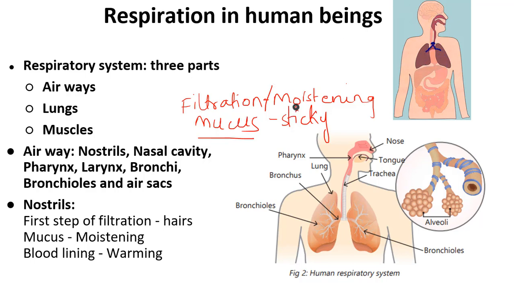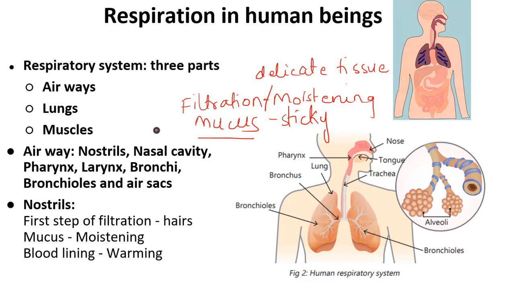Once again I repeat, why is the moistening of air required? So that it does not damage the delicate tissues present in our lungs and in our respiratory system. Okay, so mucus has two functions. First function is filtration, second function is moistening.